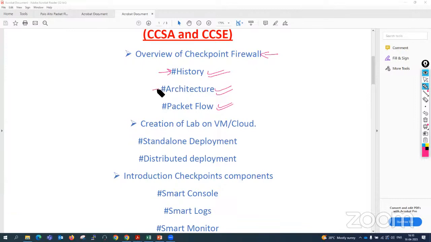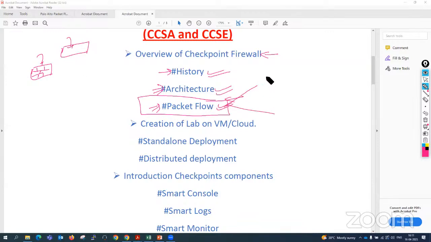Then we'll discuss the architecture and packet flow. Why packet flow? Because it helps us understand, if my traffic is flowing through a firewall and getting dropped, what the problem could be and where exactly it lies. I'll be discussing two packet flows: one will be high level, and one will be low level.